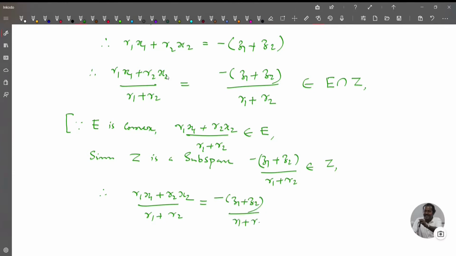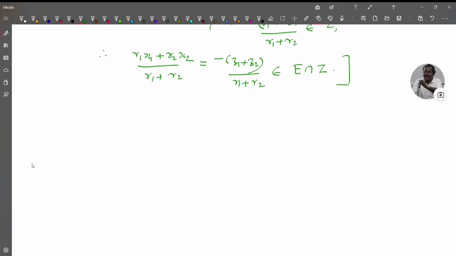This belongs to Z. So this belongs to E intersection Z. But we have E intersection Z equal to phi. It is empty.